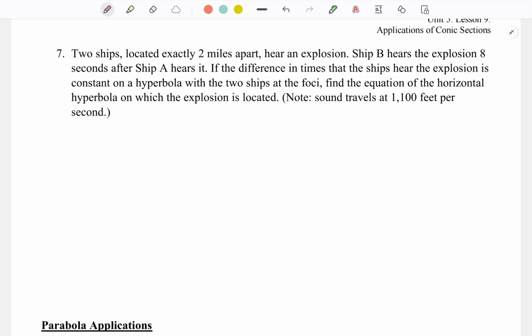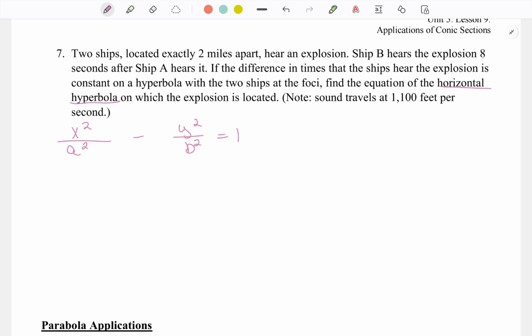So we are given the clue that we are on a horizontal hyperbola. So we are going to have x squared over a squared minus y squared over b squared equals 1.